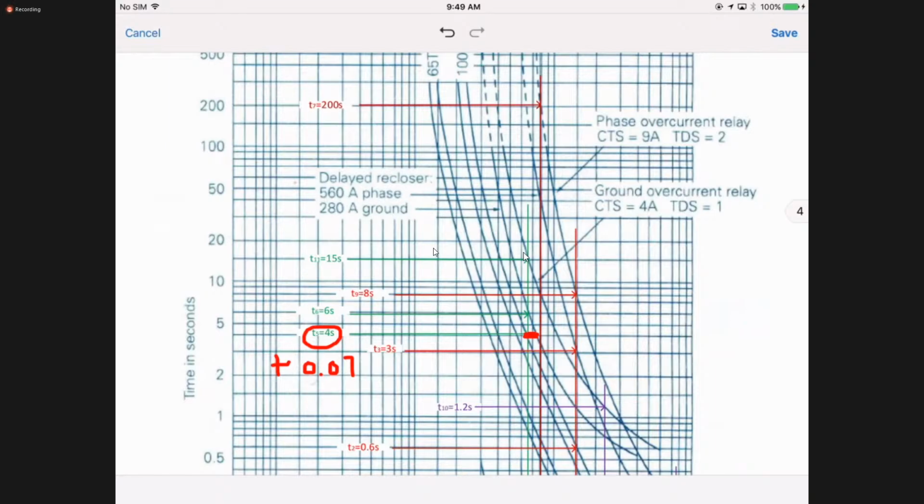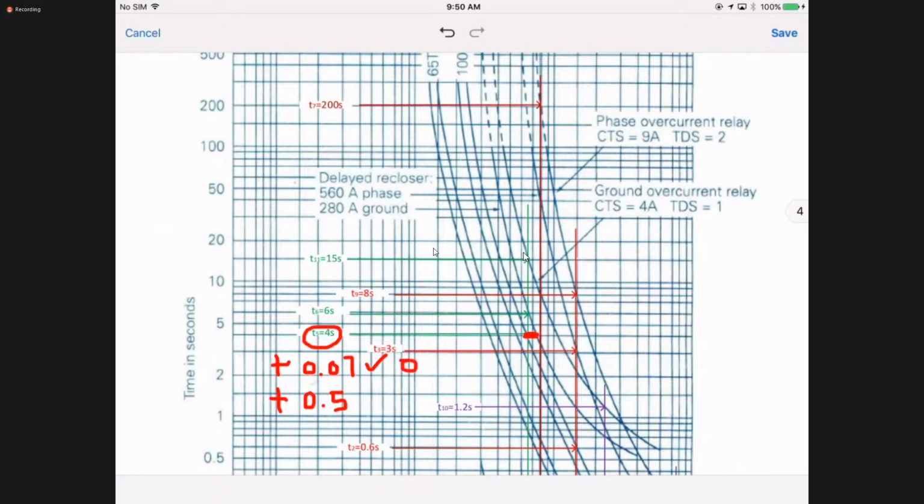And if the fast opening does not work, then the breaker will close again. Say the breaker closes again after 0.5 second. That 0.5 is what you program, what you set into the relay. So when the fault occurs here, a permanent fault, it will open, but then it will close again.